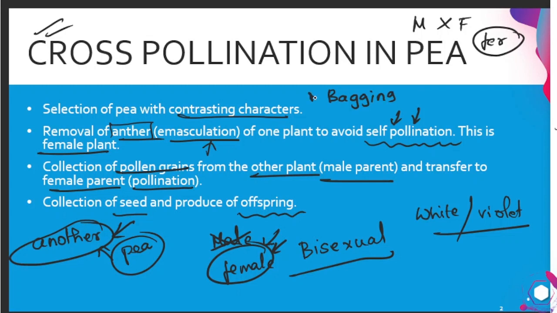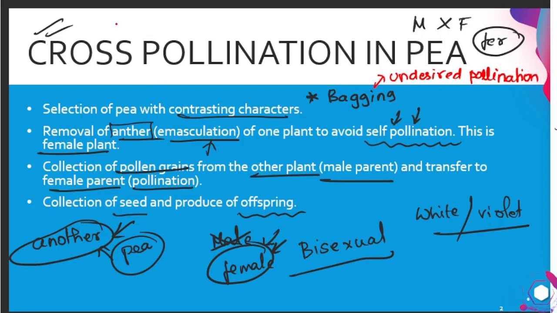Why do they do this bagging? In order to prevent undesired pollination. So to avoid undesired pollination, they use the bagging technique.